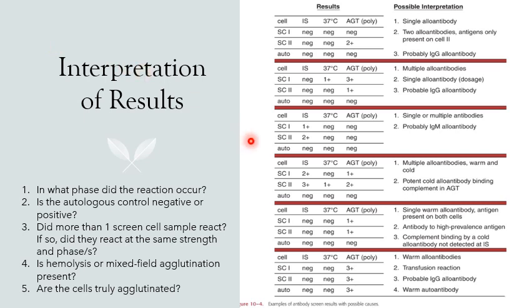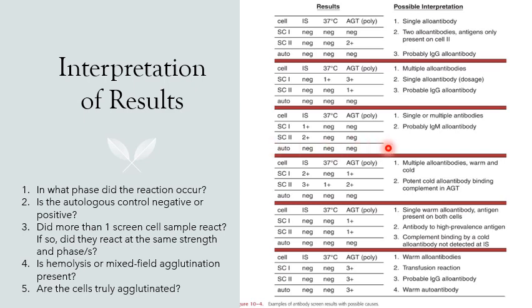In the third case, screen cell number 1 and 2 has 1 plus and 2 plus reaction in immediate spin phase, while the other phases are negative. Our autocontrol is also negative in all phases.